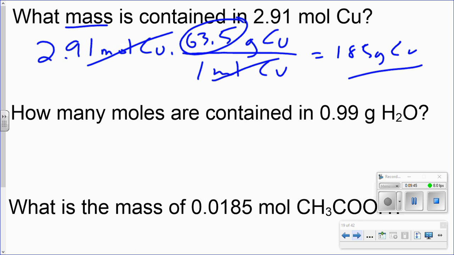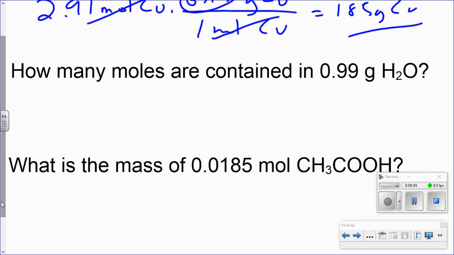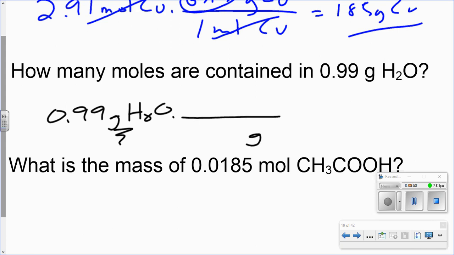Yep. Now let's go to a tougher one. Here I have 0.99 grams of water. Grams is mentioned, so make sure you have a periodic table handy. Grams of water down here, so grams matches with grams to cancel. But now I need the molar mass of H2O. If I look up the molar mass of hydrogen, it's 1, but there are 2 of them, so it's 1 plus 1. Again, I'm using the whole numbers here, it's a little easier.